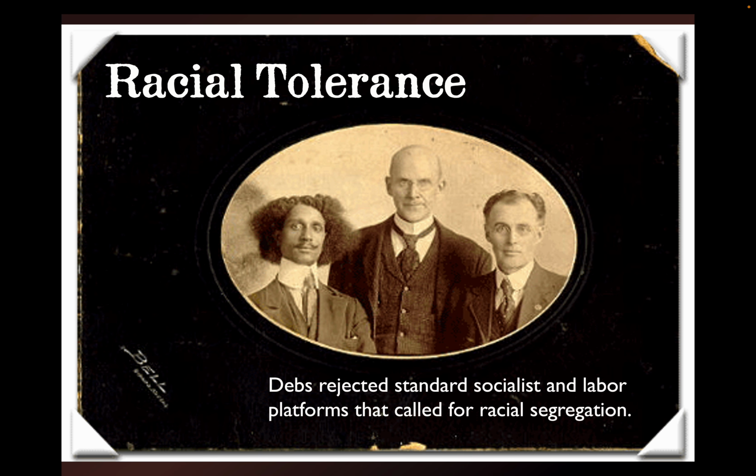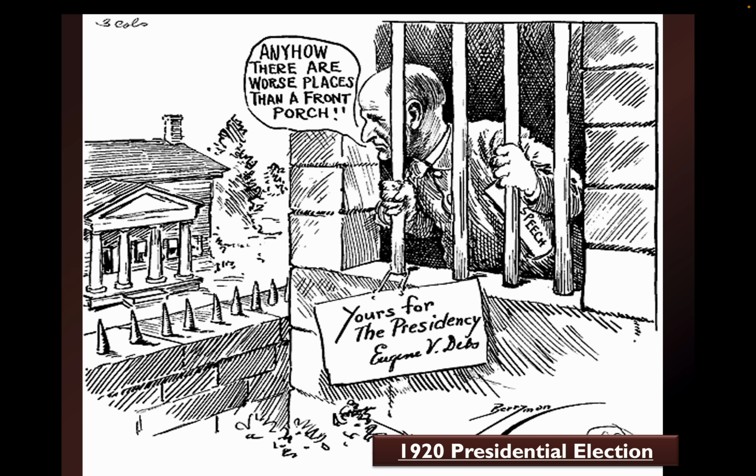He rejected standard socialist and labor platforms that called for racial segregation, which means separating by race. He thinks everybody should get a fair shot at work, and no matter what skin color or race you were, everybody should be able to have the chance to work and earn a living wage.